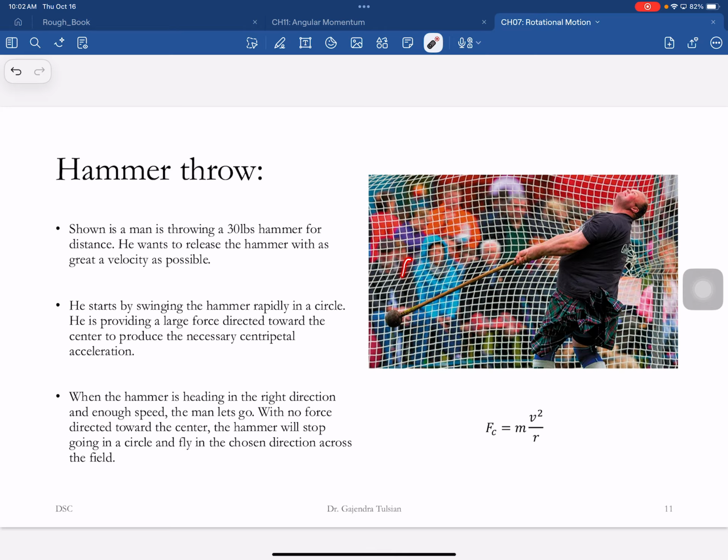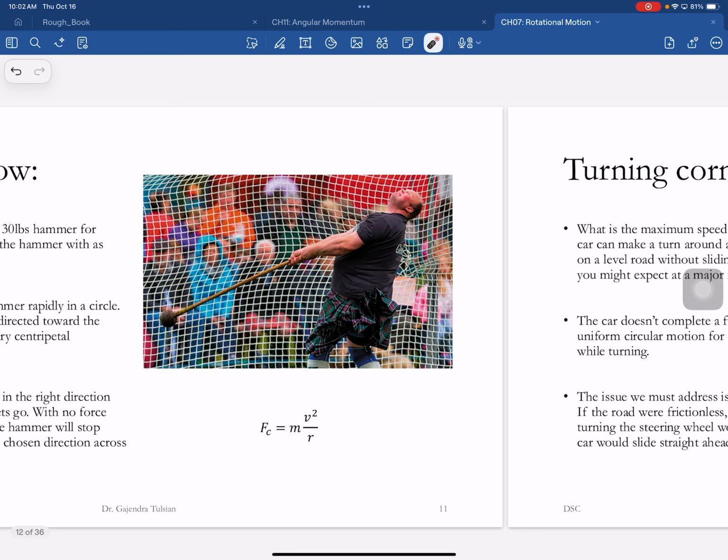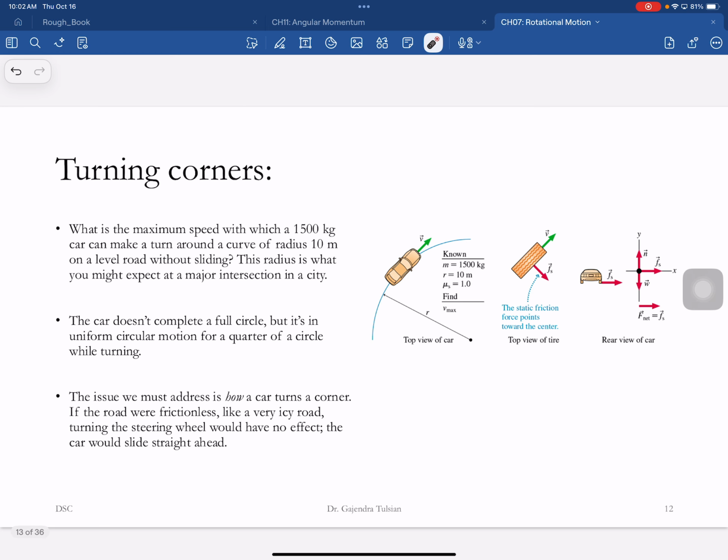So you swing around, and at the last minute, there's the force you're applying, and you can't apply any greater force, otherwise your arms will come off from your shoulders. And you're trying to achieve the greatest velocity before you throw it. You guys understanding this?